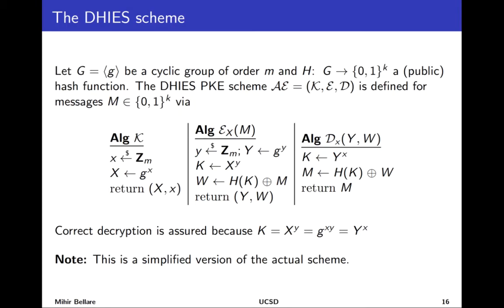Now, a couple of clarifications about this in case you start seeing instantiations. And I hinted at this a little bit before. This is written in the case where we have a general group. If you are looking at a specific group like Zp star, or integers mod n for some n, let's say Zp star as an example, then you have to interpret everything accordingly.